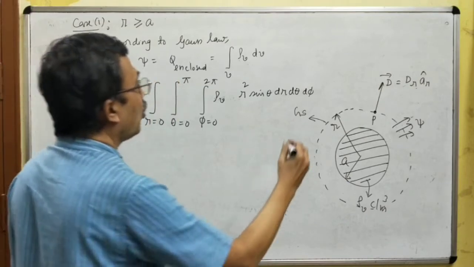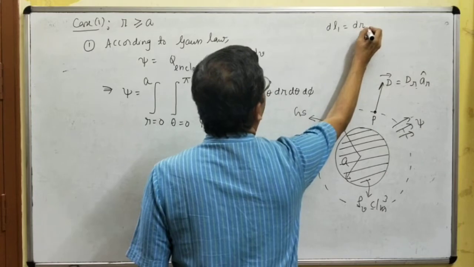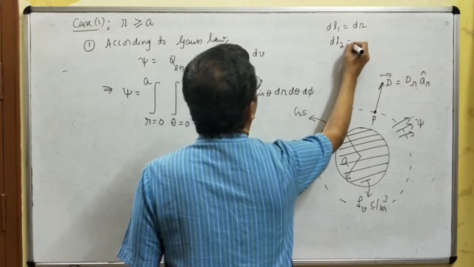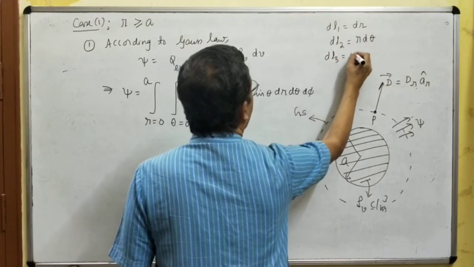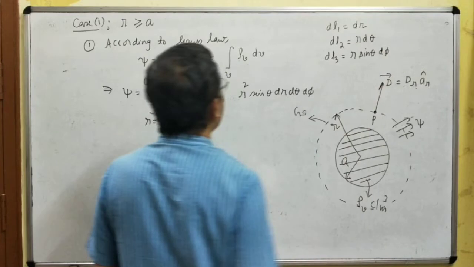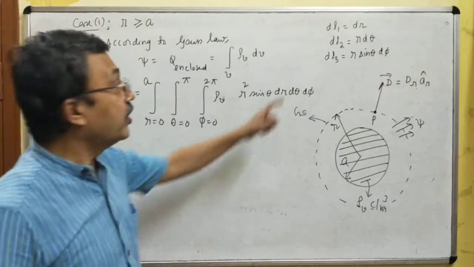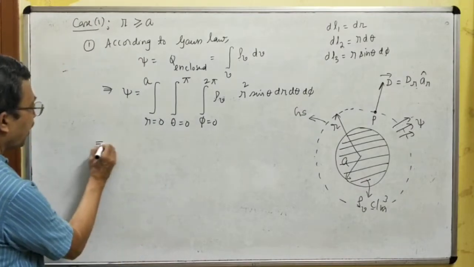In a spherical coordinate system, please note that dl1 is equal to dr, dl2 is equal to r into d theta, dl3 is equal to r into sine theta into d phi. dV is the product of dl1, dl2 and dl3. Now we shall integrate this.